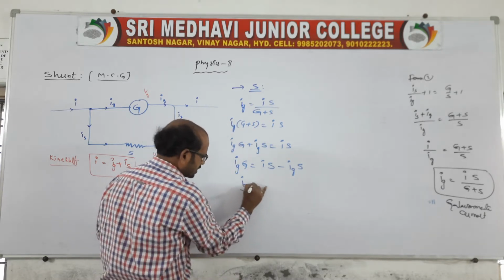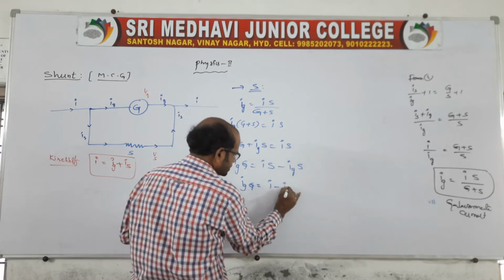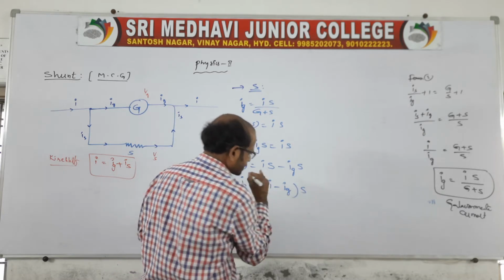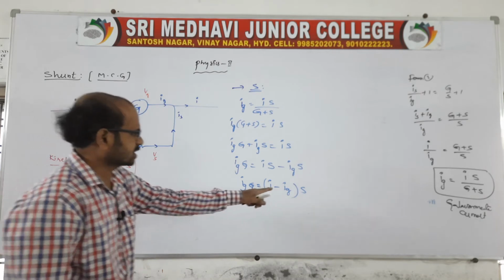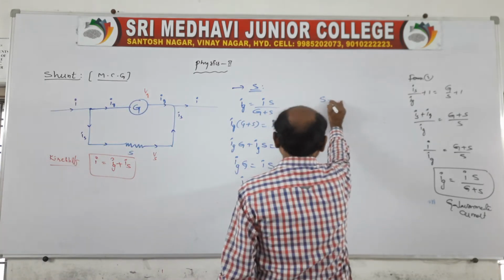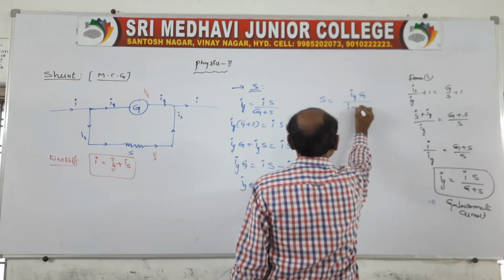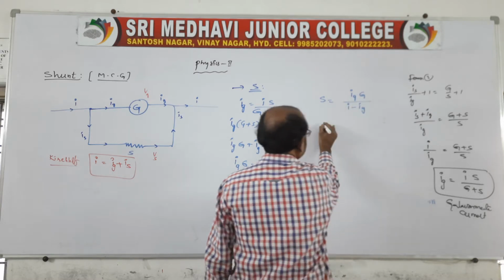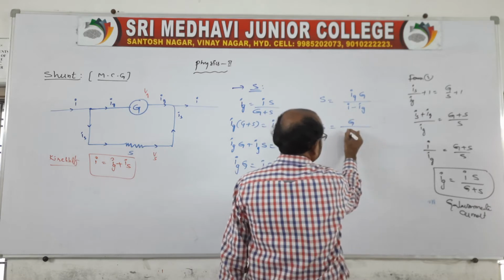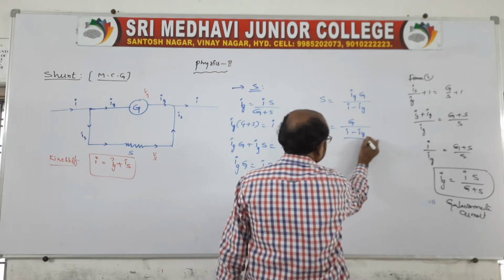So Ig into capital G is equal to I minus Ig into capital S. Since we need the shunt resistance, S is equal to Ig capital G by I minus Ig. Bringing Ig into the denominator, it is I minus Ig by Ig.